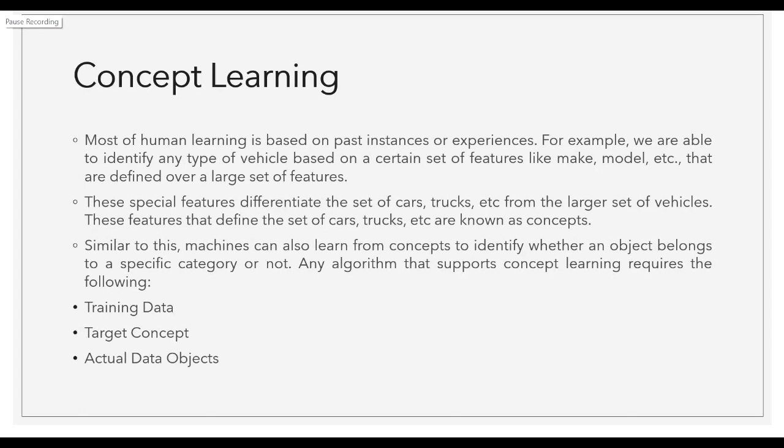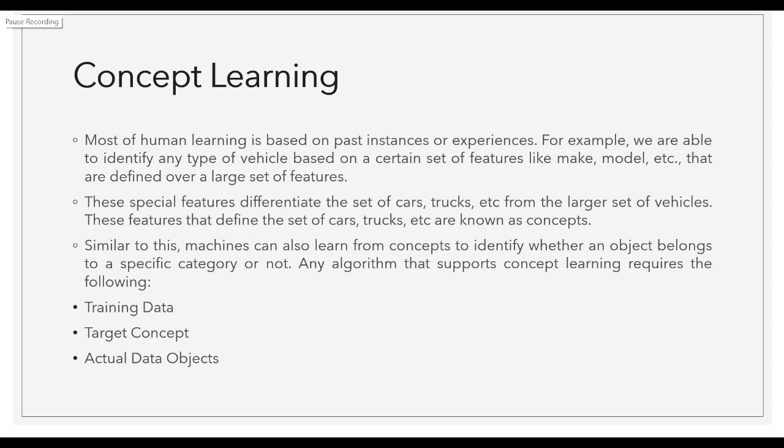At first we have concept learning. Most of human learning is based on past instances or experiences. For example, we are able to identify any type of vehicles based on certain features like make, model, etc. These specific features differentiate the set of cars, trucks, etc. for a large set of vehicles.